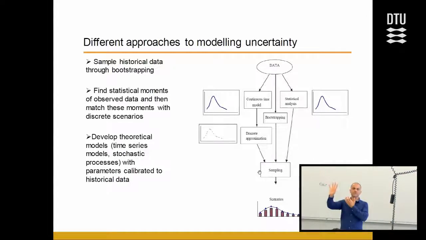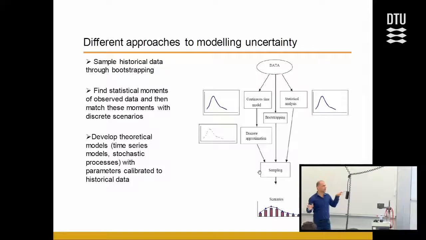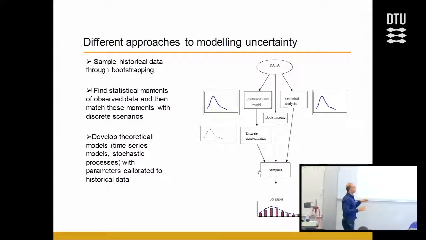These are descriptive models which tell you something about the movement of a stochastic variable, with all the uncertainty around that. And you can start with a stochastic process like that.